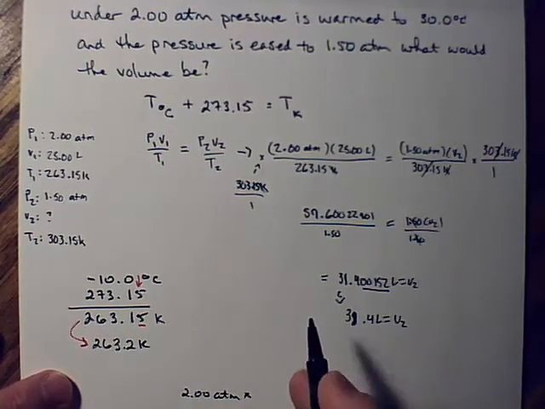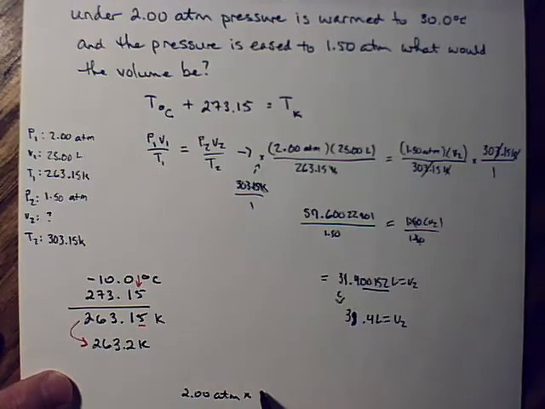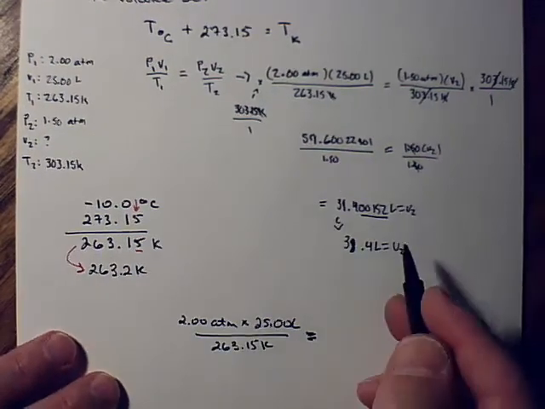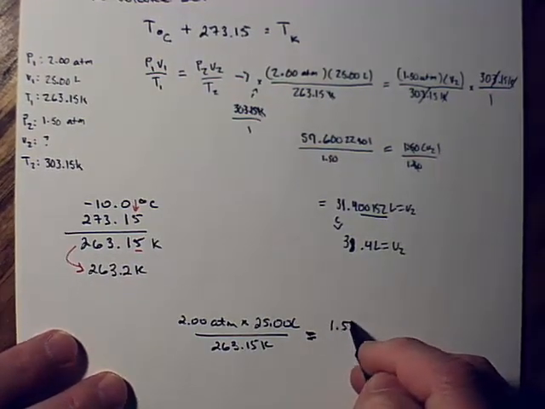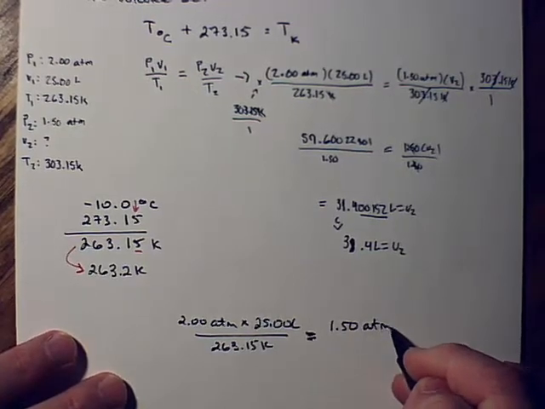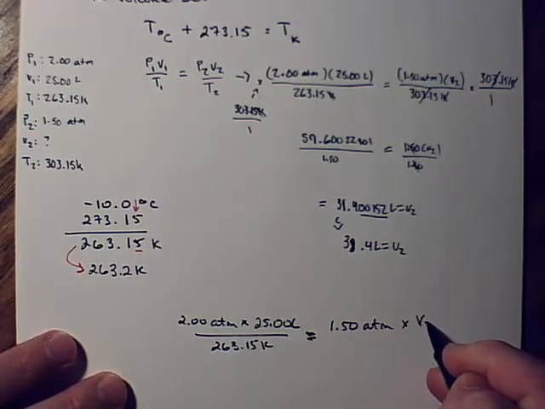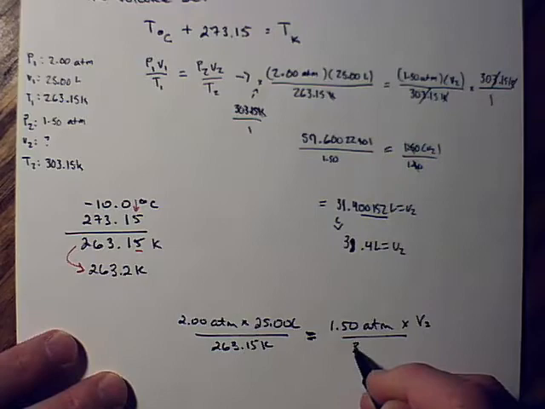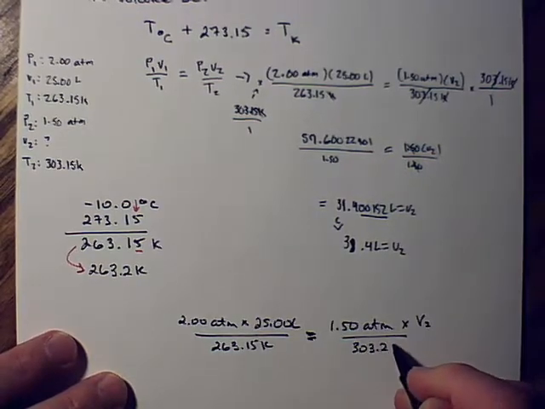I like to use a times sign, but putting in parentheses is perfectly okay. Over 263.15 K. And then we're going to say that's equal to 1.50 atmospheres times V2 over 303.2 K.